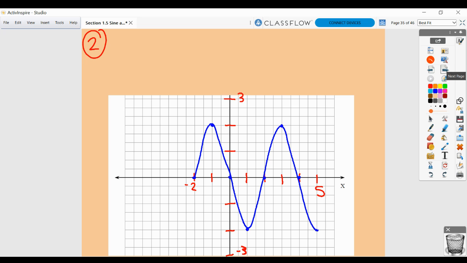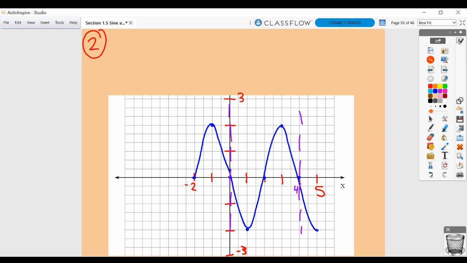Okay, the next one. Same thing. You are going to start at the y-axis. Okay, and then you're looking to see where it goes to repeat. So I'm going. Starts to repeat that right there. And that number is 4.